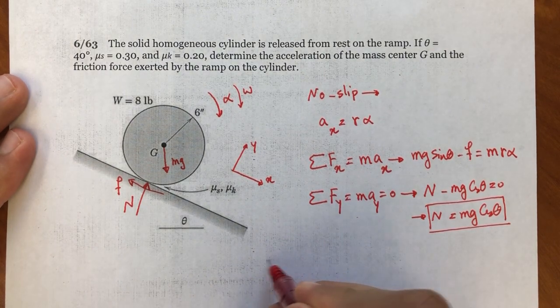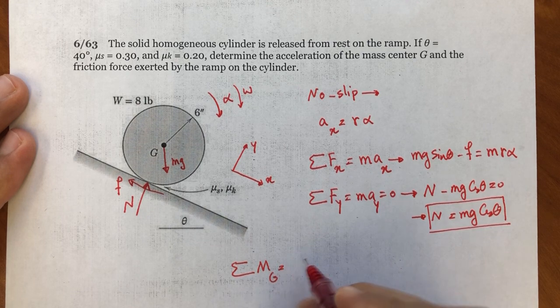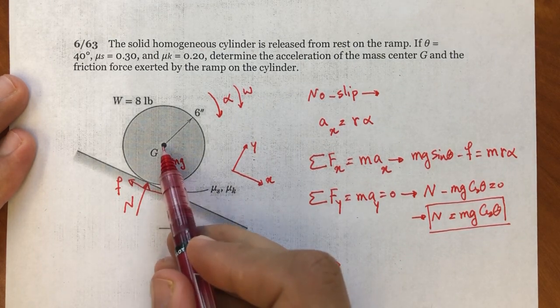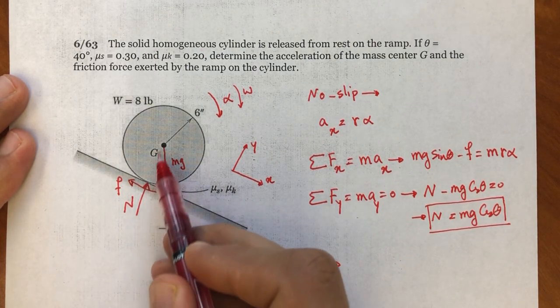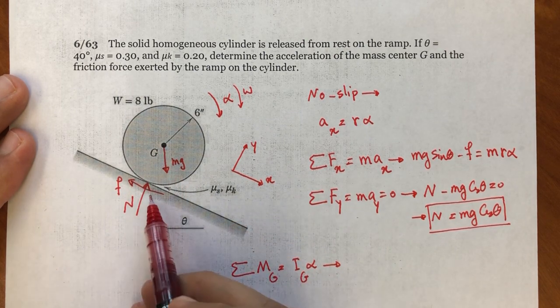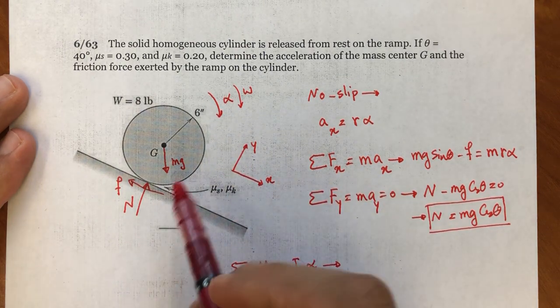And sum of the moments about the centroid is equal to I G times alpha. Moment of mg about G is 0. Moment of N, because it is passing through G, is not going to make any moment. Moment of F, I'm assuming clockwise direction is positive here.